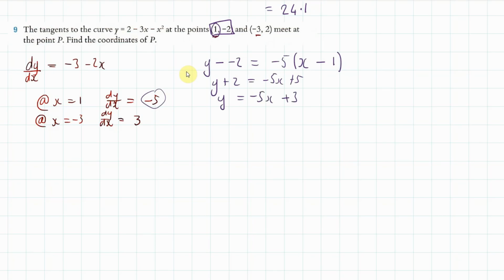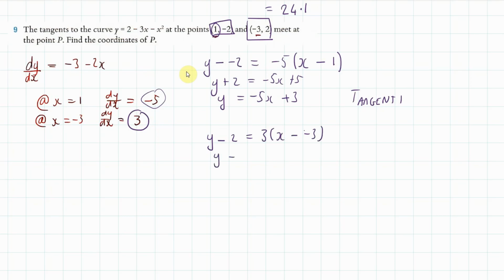So that's one tangent. What we're trying to do is find where they meet, so we have to figure out what each tangent is first. So now let's go ahead with the second tangent, and that's the one here. So this is tangent 1. Let's do tangent 2. y minus 2 equals, the gradient in the second tangent was 3, into x minus 3.